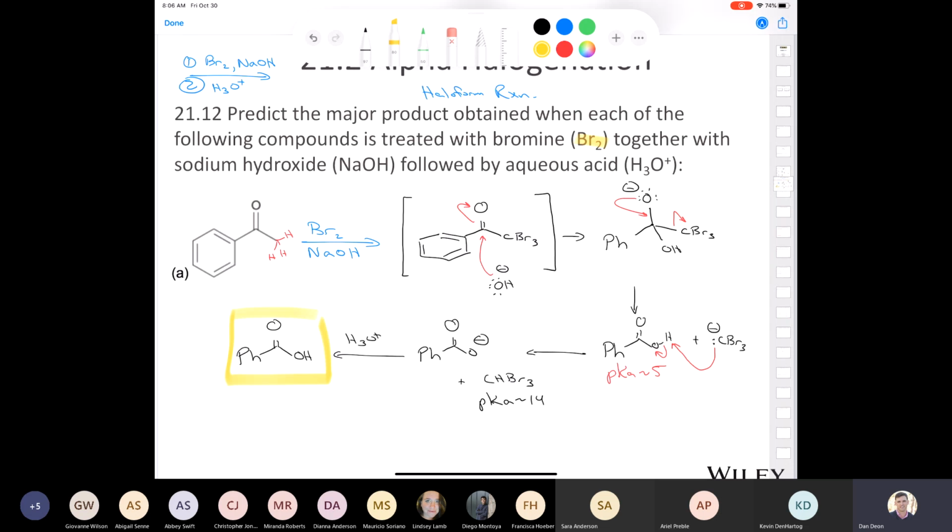If you do the haloform reaction using iodine, if you use I2, it's called the iodoform reaction. And this is actually used as a chemical test to test for a methyl ketone, because when you end up forming iodoform, which is CHI3, it's a yellow precipitate.